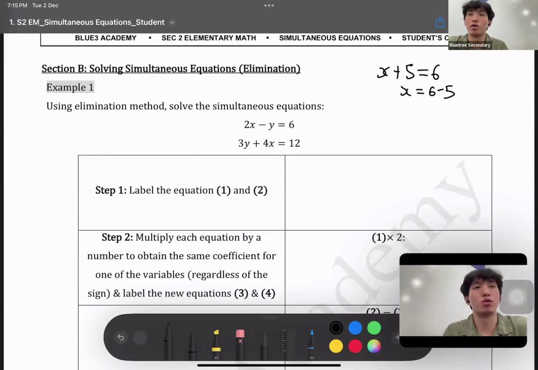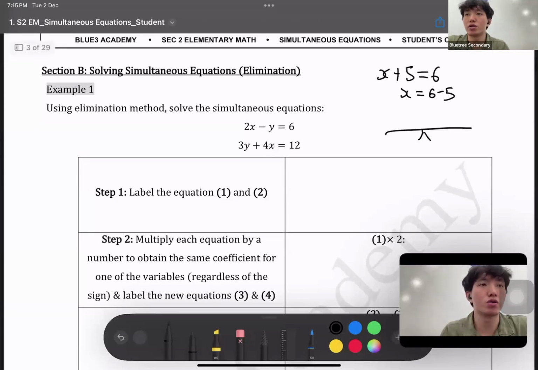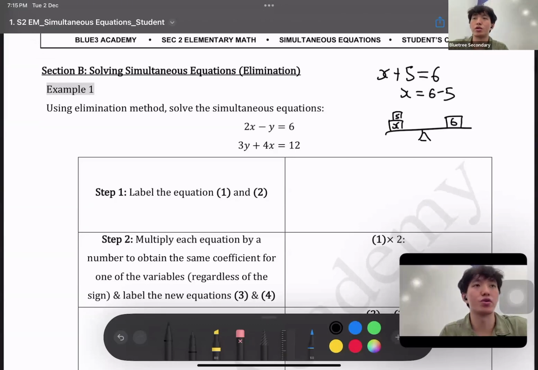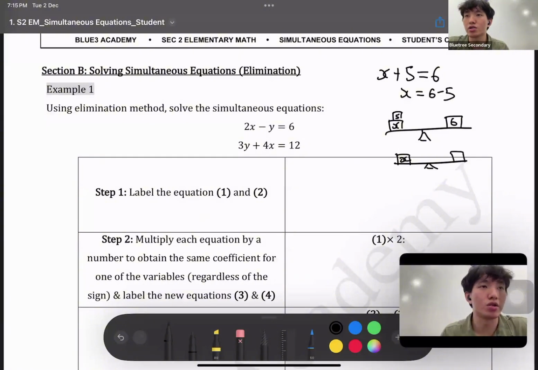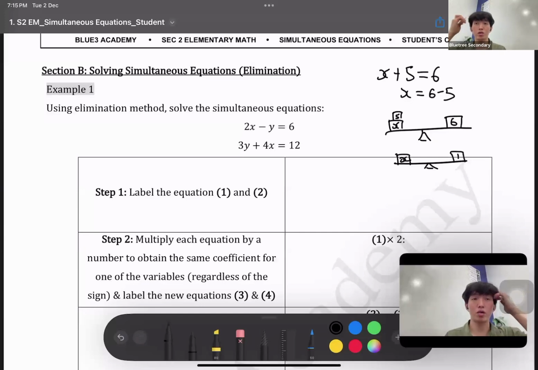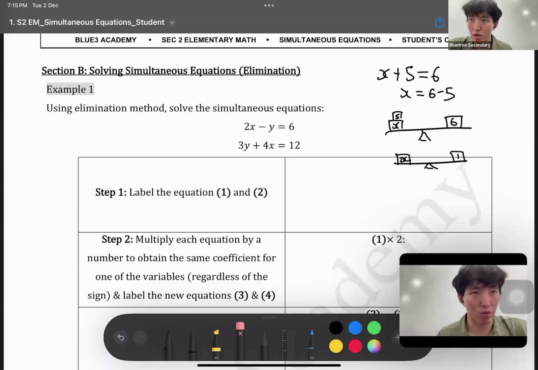For those who aren't sure what that means, remember x plus 5 equals 6. To get just x, how much does x weigh, or what is x worth? You need to minus 5 on both sides to make sure the scales are balanced, and then you get x equals 1. This one you have learned before in Sec 1.